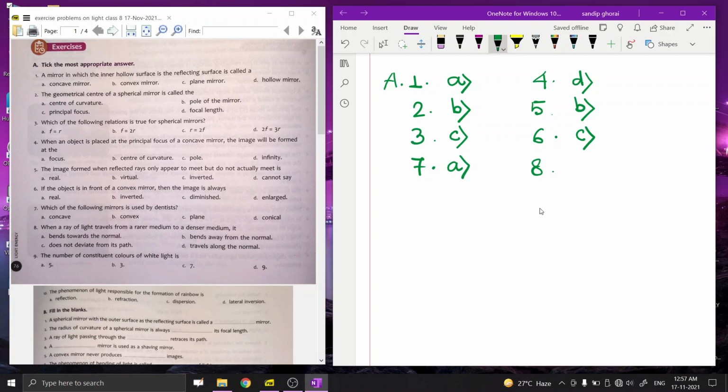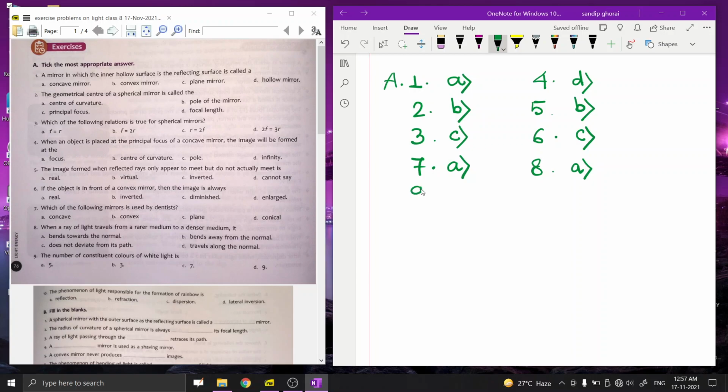The correct answer is bends towards the normal, that means option A. Because when light travels from a rarer medium to a denser medium, the velocity of light decreases. So light always wants to travel the minimum distance. That is why light bends towards the normal.